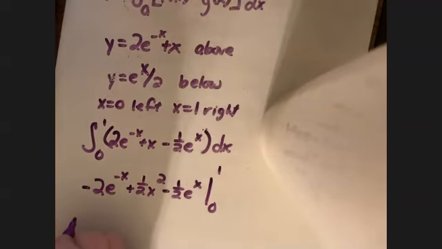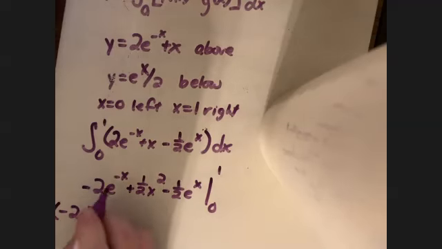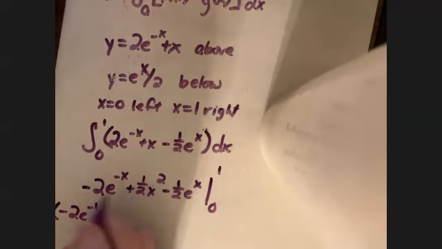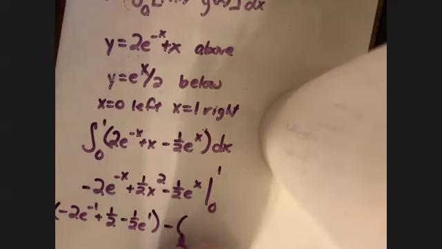So here we go. Negative 2e to the negative 1 plus 1 squared, it's going to be 1 plus 1/2, so it's going to be 1/2, minus 1/2 e to the first, minus negative 2e to the negative 0 plus 0 minus 1/2 e to the 0.